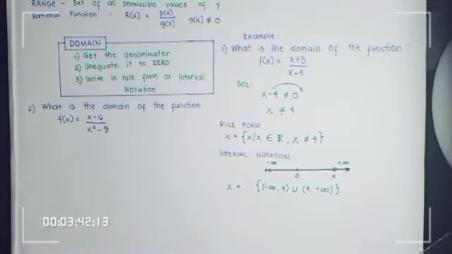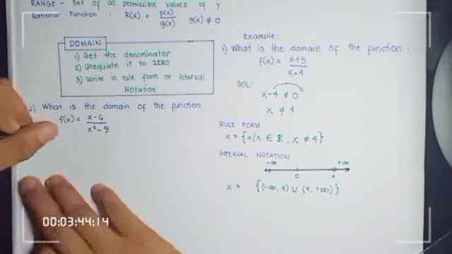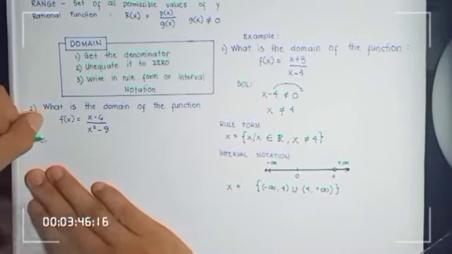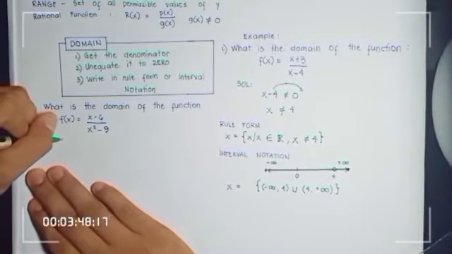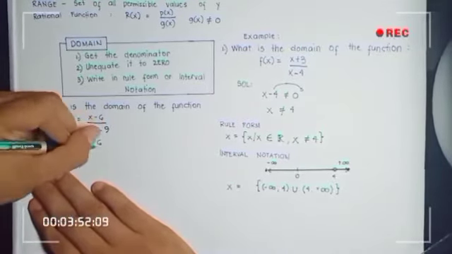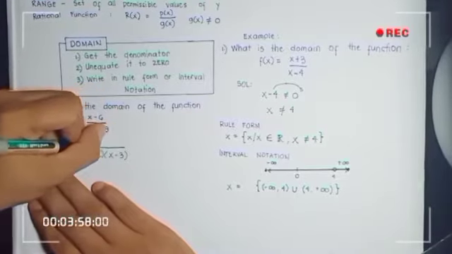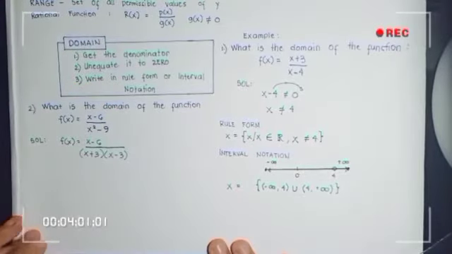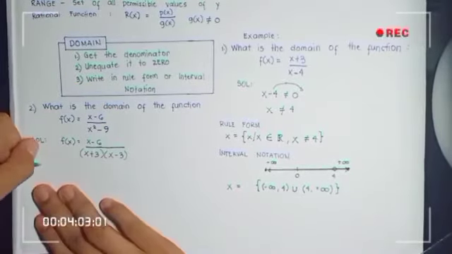Now, it will be a lot easier for us if you're going to write it in factored form first. We have f of x equals x minus 6 over x squared minus 9, and x squared minus 9 can be written as the quantity of x plus 3 times the quantity of x minus 3.